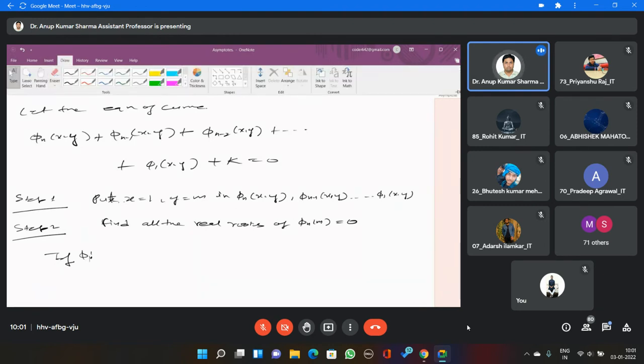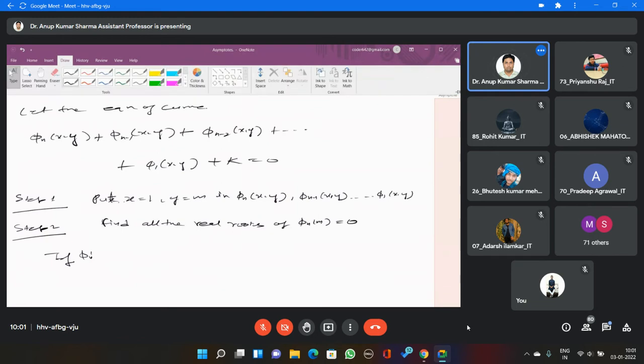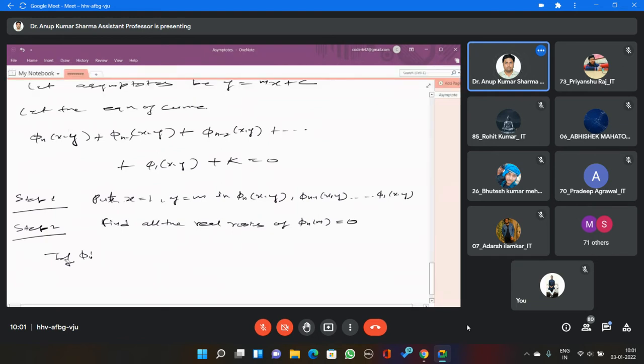If the roots are all distinct, then in that case we can decide the equations of the asymptotes. Step 3.